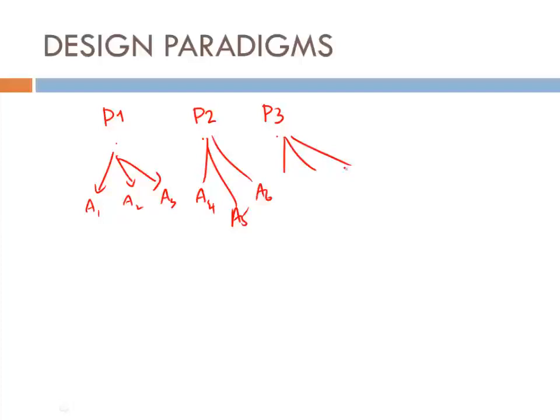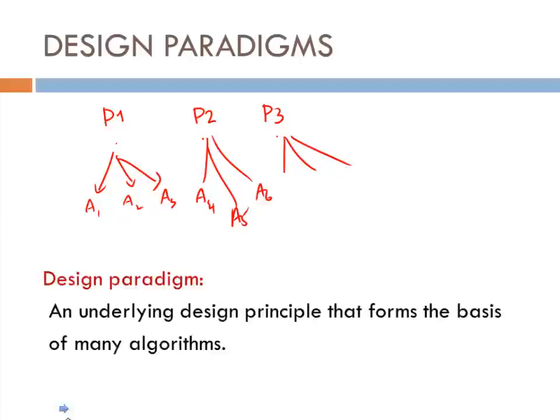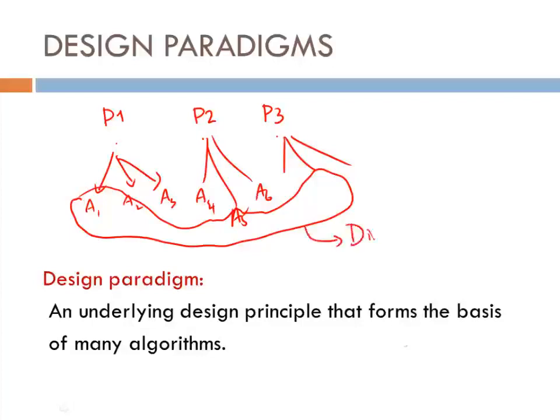Thankfully, it turns out that many of these algorithms have underlying design principles. A design paradigm is an underlying design principle that forms the basis of many algorithms. A design principle really cuts across problems, as a set of algorithms have such a design principle as their basis of computational thinking. For example, divide and conquer is one such design paradigm.